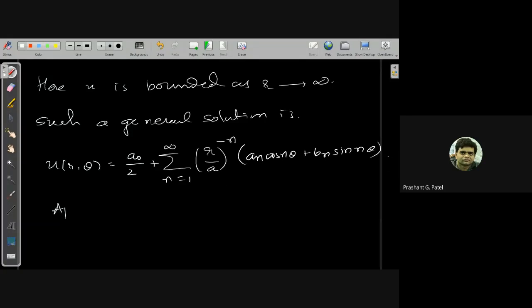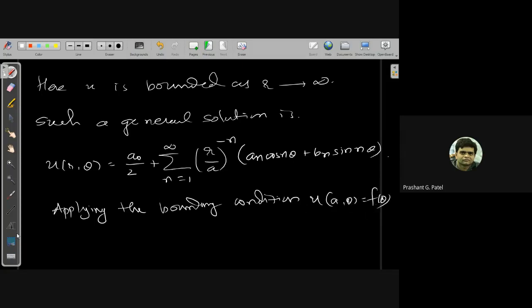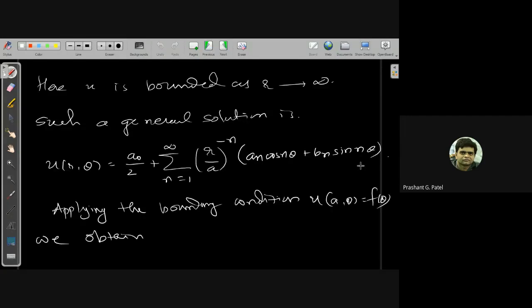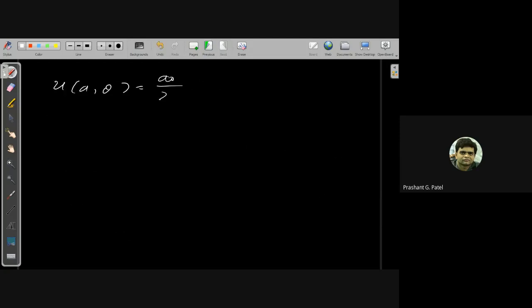And if we apply the boundary condition u(a, theta) equal to f(theta), we obtain, if I substitute r equal to a into this expression, u(a, theta) equal to a0 by 2 plus summation n running from 1 to infinity.